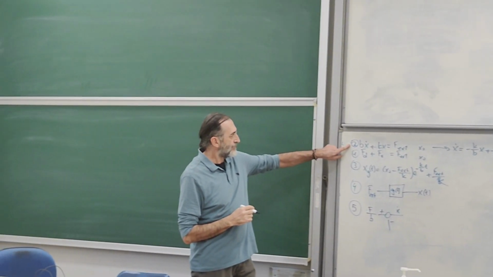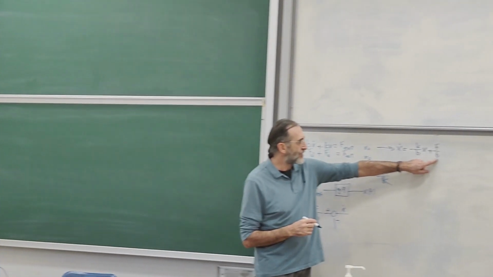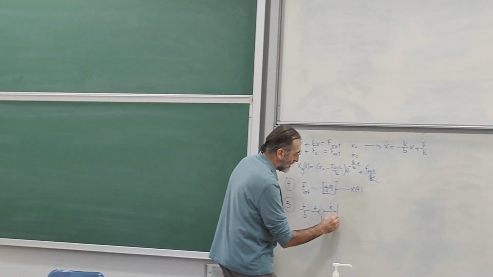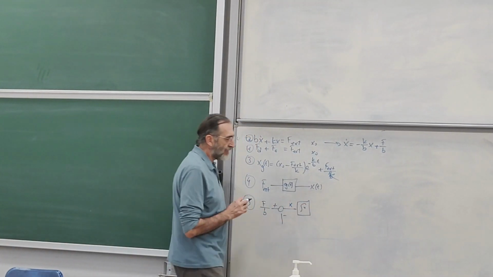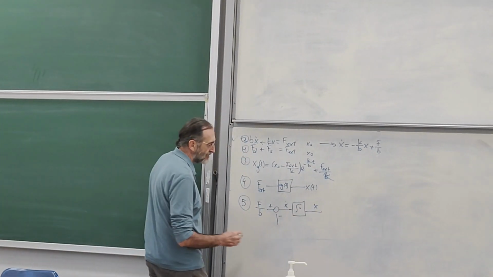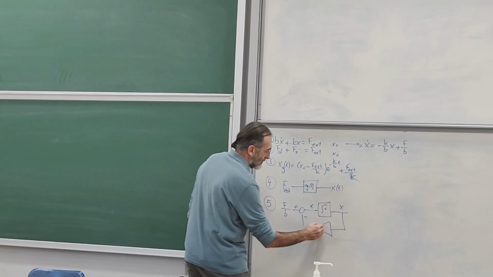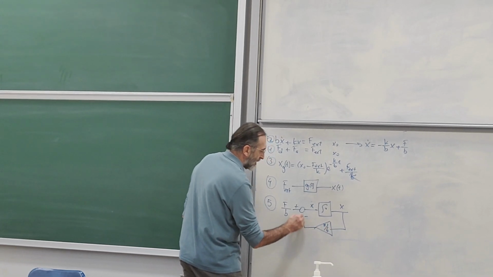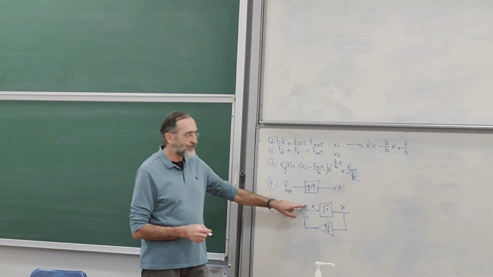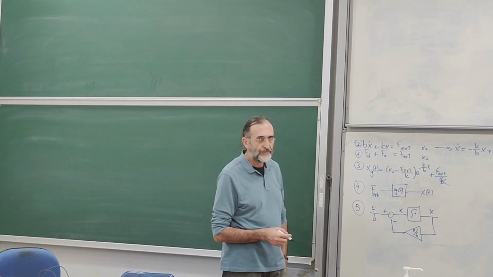So F over B, and K over B, X. Now, if this goes in there and I put an integral here, I get X, and I multiply X with the pole, K over B, put it as a negative, and add it to F over B, I get X dot. Alright? Child's play. Nothing to it.